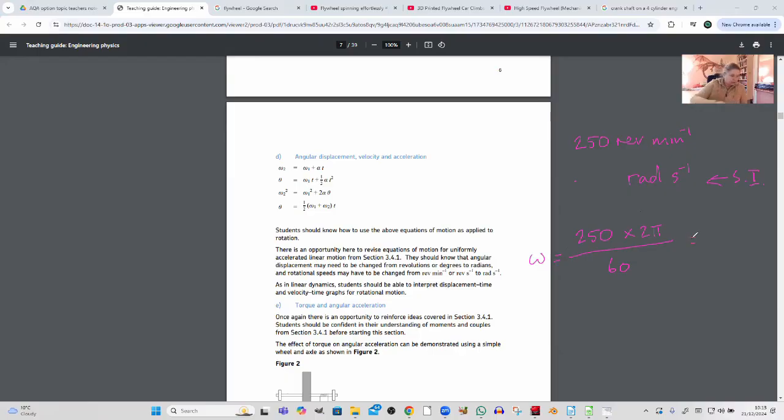So let's just do it. 250 times 2 times pi divided by 60 equals 26.2 radians per second. You can leave it as some number of pi.